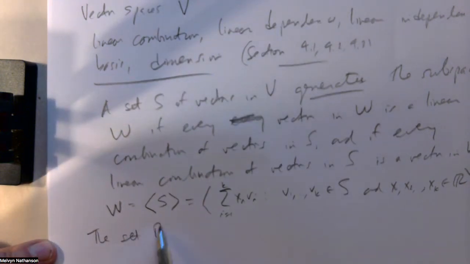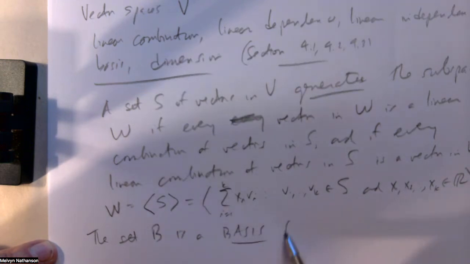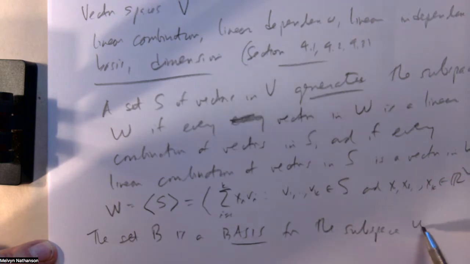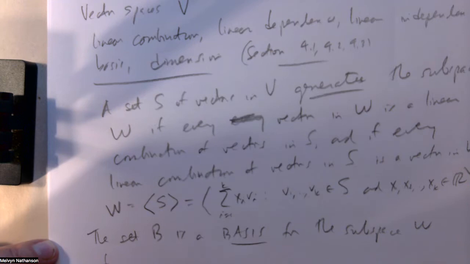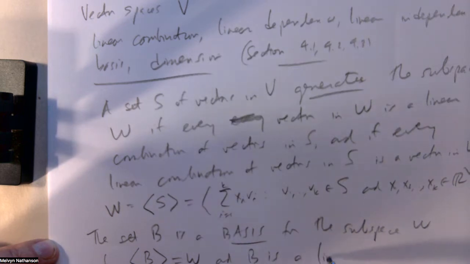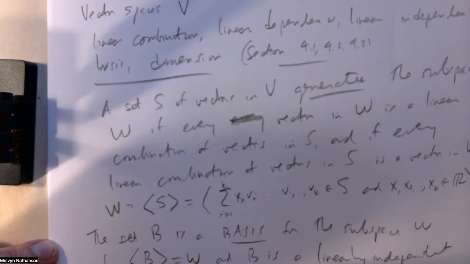The set V is a basis for the subspace W if V generates W and V is a linearly independent set of vectors.